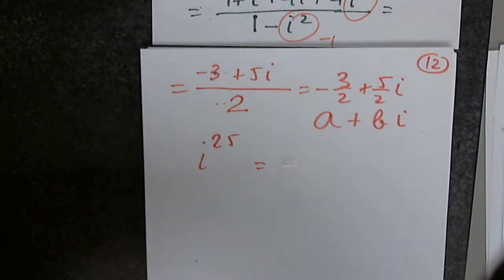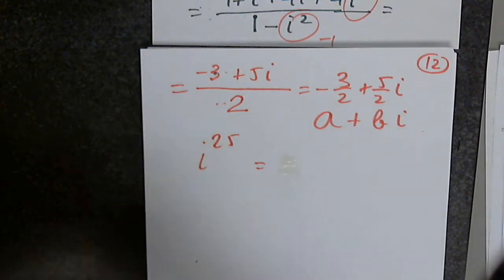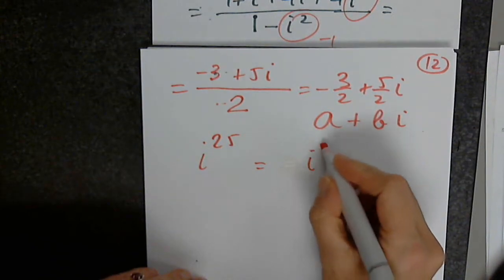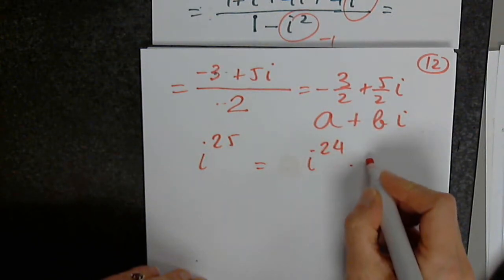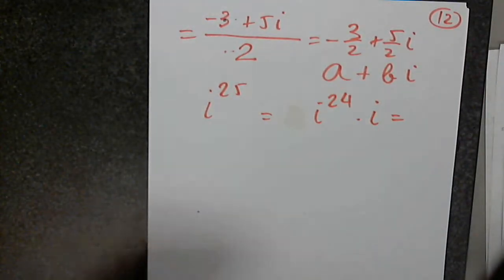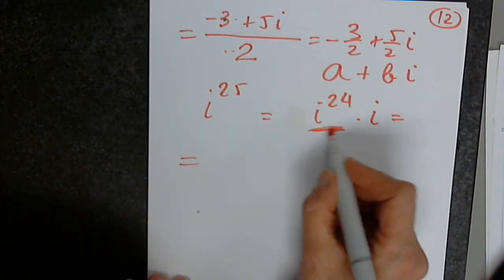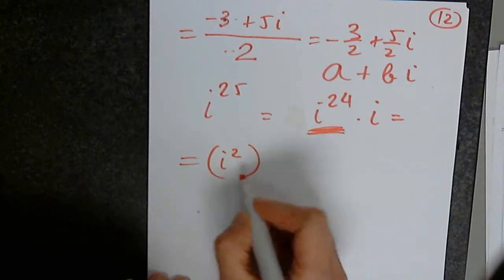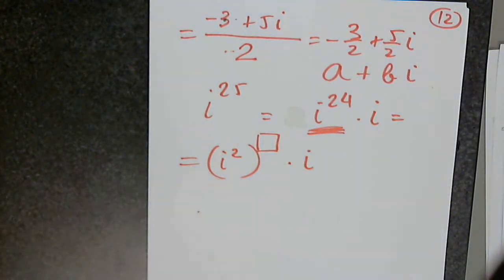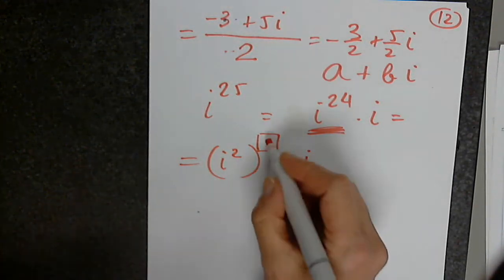I to the 24th times i. I only take 1 out, that's all. And then this has to be replaced by i squared to a power. What power? Because that's all I have. I squared to the 12th power.